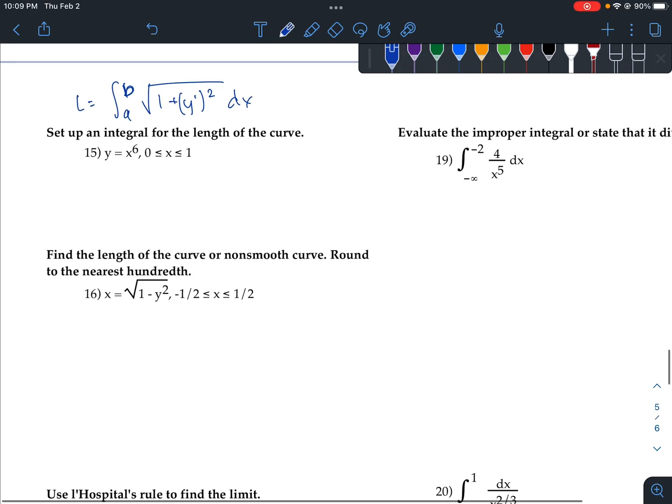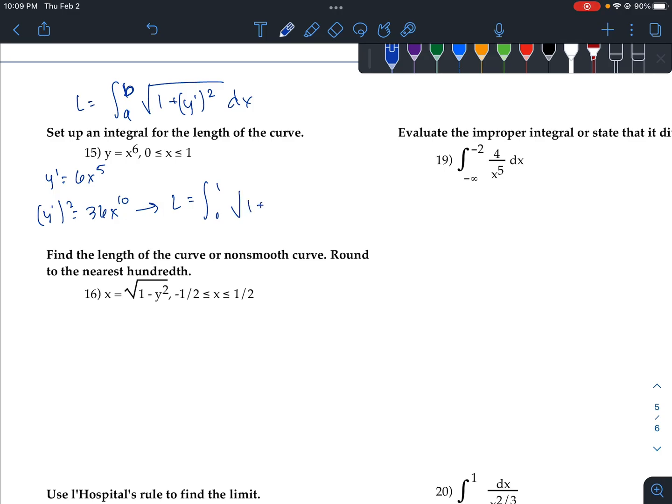In this case, we need to find y prime, so y prime would be equal to 6x to the fifth. Y prime squared is going to be 36x to the 10th. So then my length will be equal to the integral from 0 to 1, because those are the bounds given to us, of the square root of 1 plus 36x to the 10th dx. So that's all we need to do there.